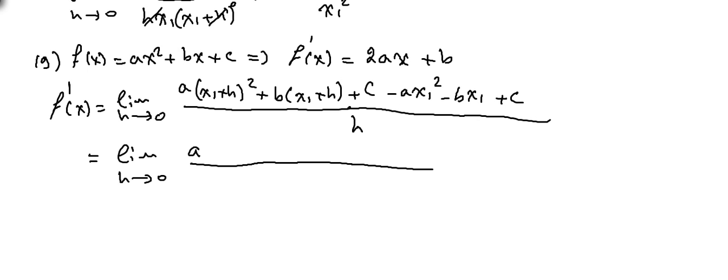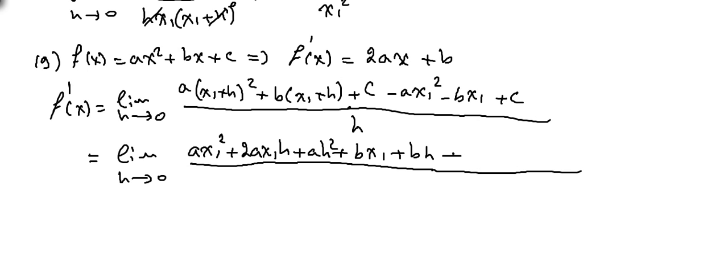It's a multiplied with x1 squared plus 2ax1h plus ah squared plus bx1 plus bh plus c minus ax1 squared minus bx1, minus c, because this is minus f of x1.